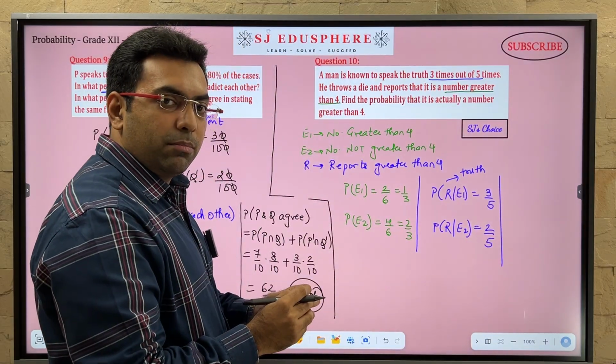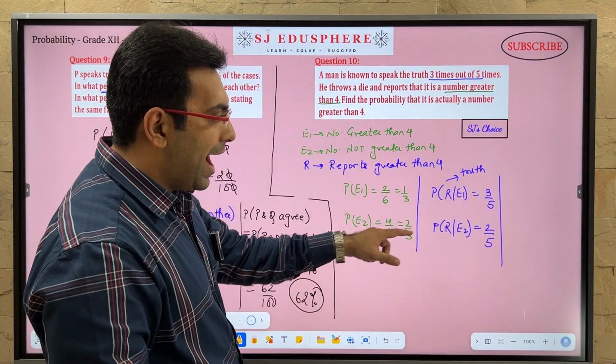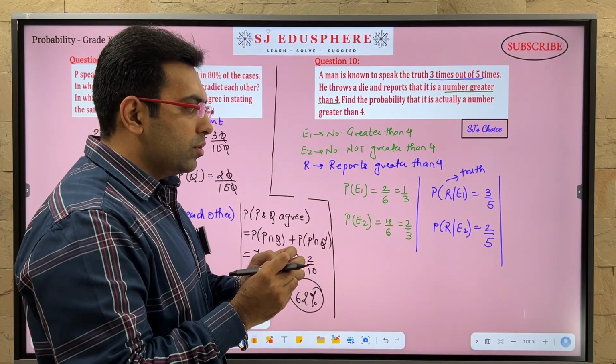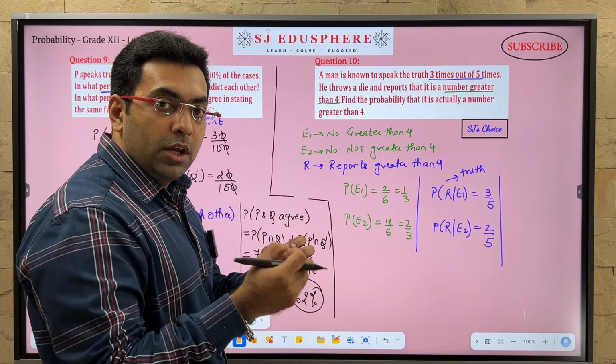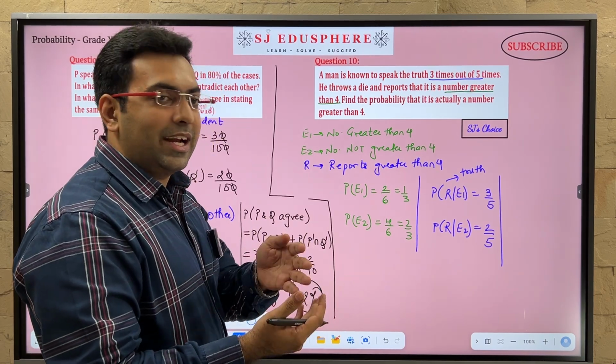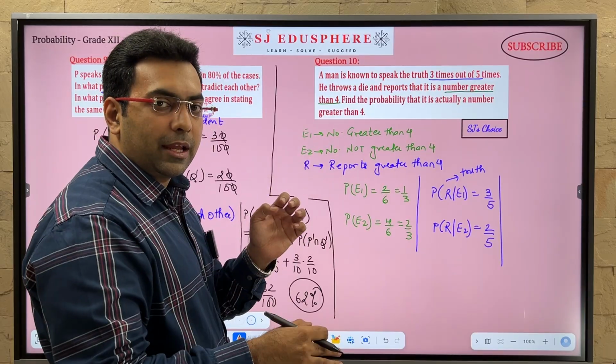Why is this sum important? Because this also adds to 1 and this also adds to 1. So your E1, E2 is a fact, which is step number 1. You will roll a die, look at the number and decide whether you have to say the truth or a lie.